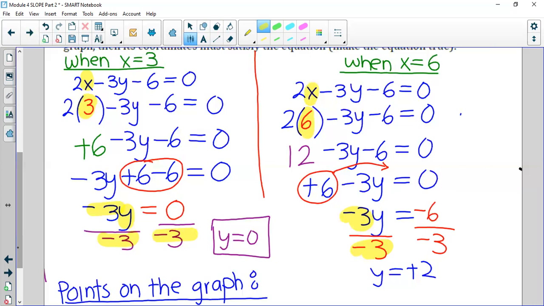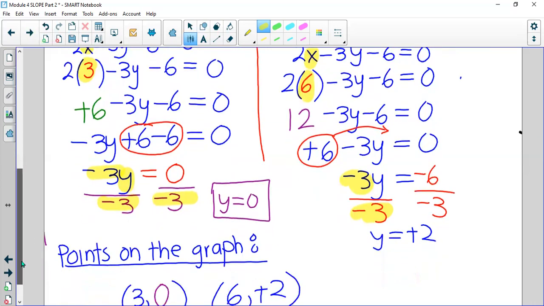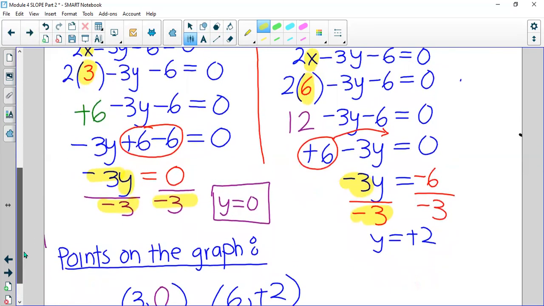Everything that is in this seminar represents questions that you're going to find in your Unit 10 and 11 guide. And if I scroll down a little further, we can even say the points on the graph.